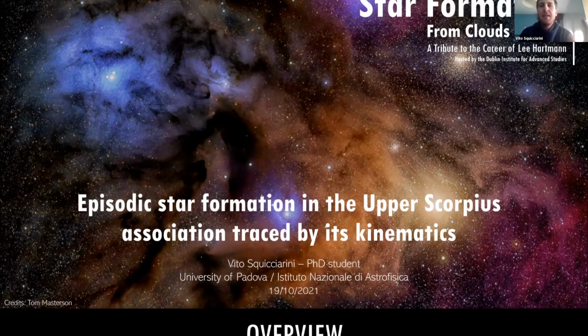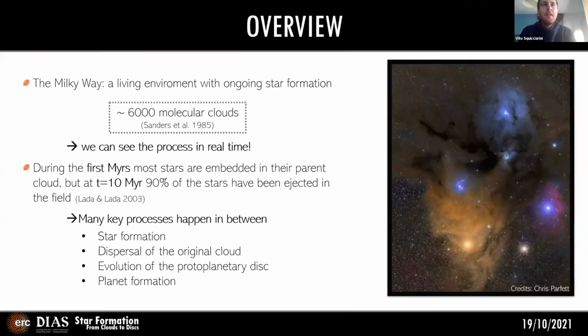Just to give a brief overview, the Milky Way, as we know, is a living environment. It is a galaxy that is still forming stars. So in a sense, we can see the process in real time. And we also see that while during the first million years, most of the stars are embedded in the parent cloud, after, let's say, 10 million years, the vast majority of the stars have already been ejected in the field.